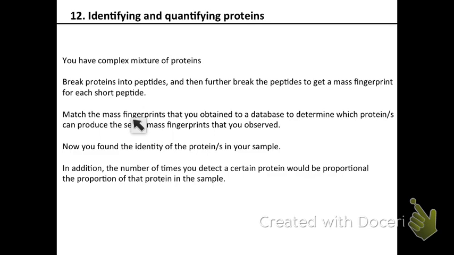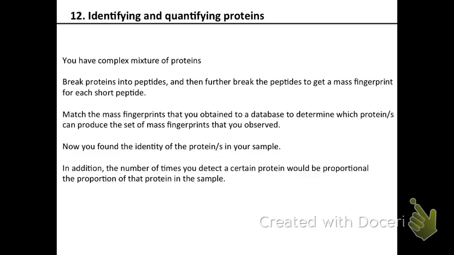Then you take these mass fingerprints and match them to a database to tell you which amino acid sequence can produce this mass fingerprint, and now you've found the identity of a short amino acid region of your original protein, right?